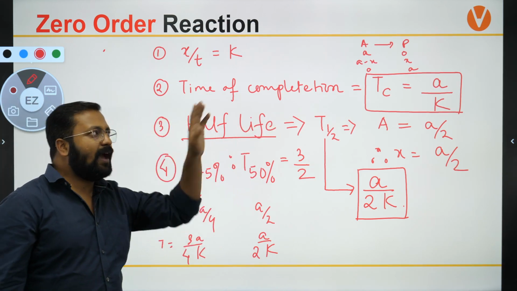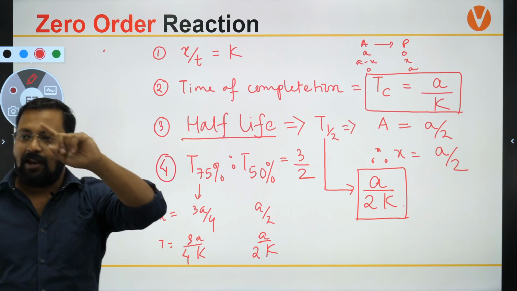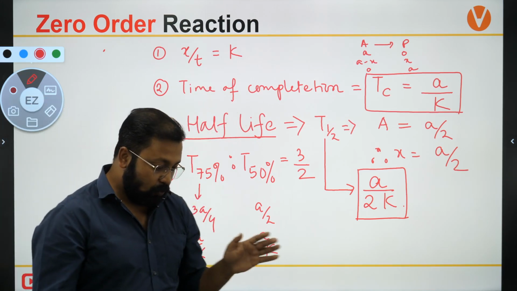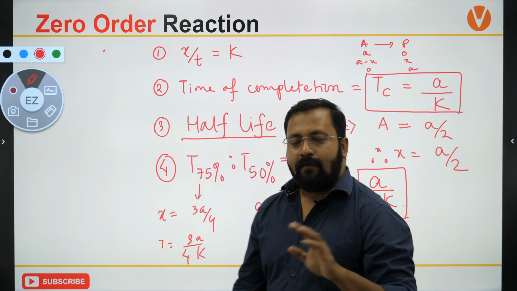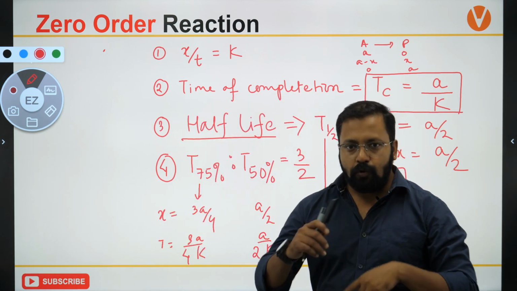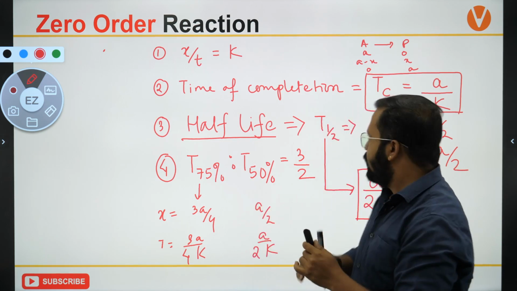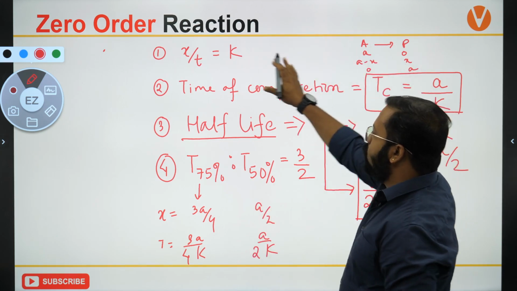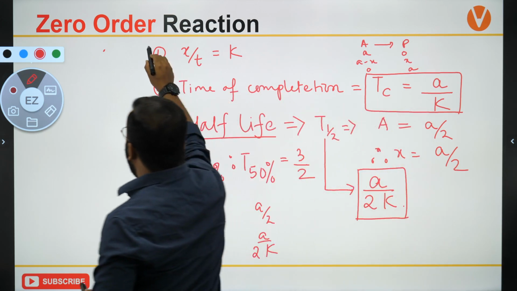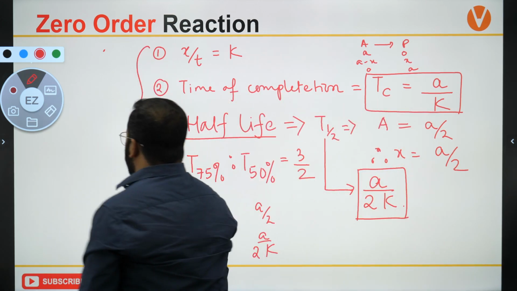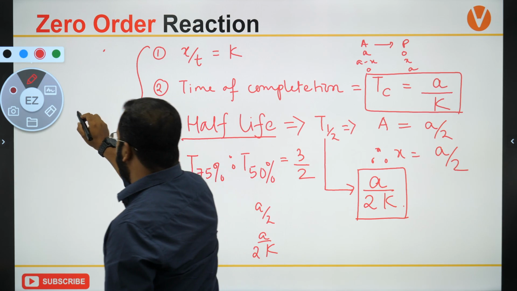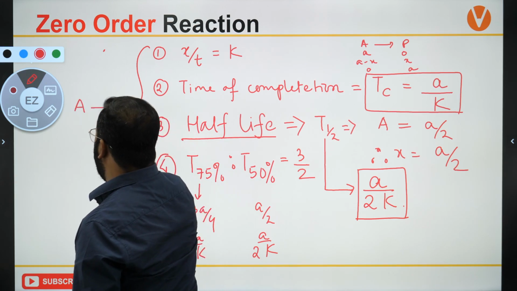Remember, while we have derived this, now this is a pro tip for people who are preparing for advanced. When you are preparing for advanced, you have to work on the way the calculation is being done. For doing these calculations, what was the equation that we had considered? We had considered an equation like this: A changes to products.